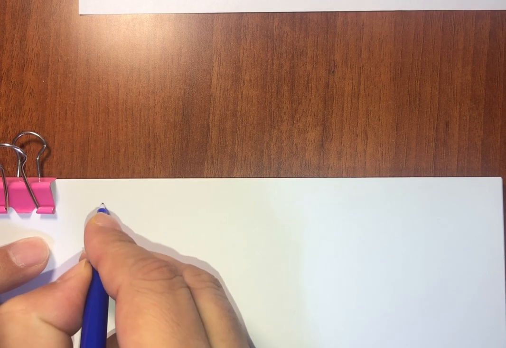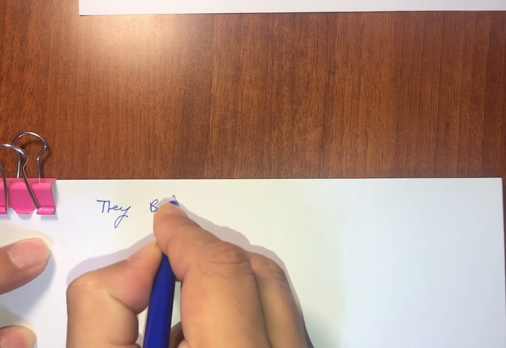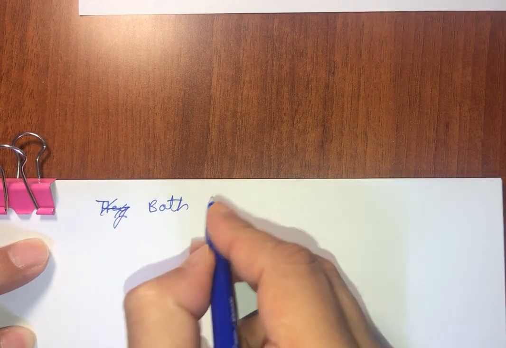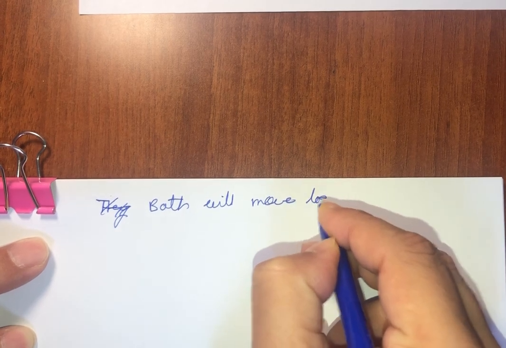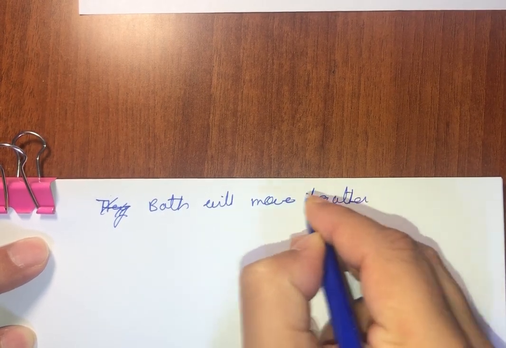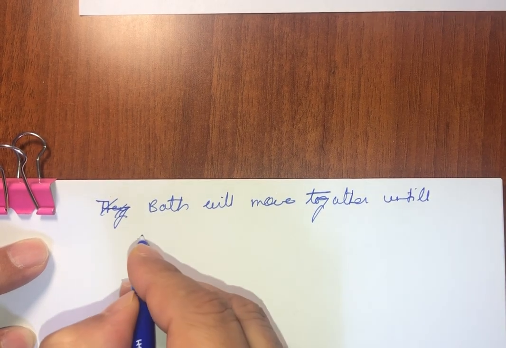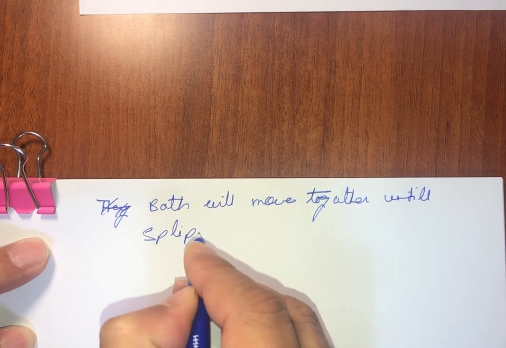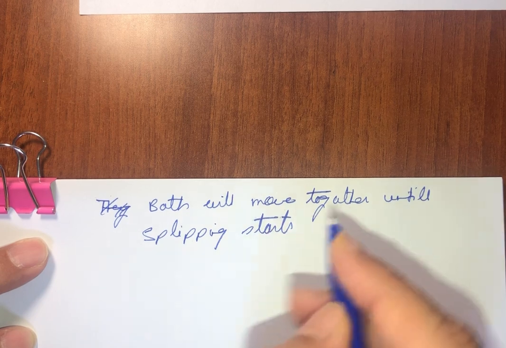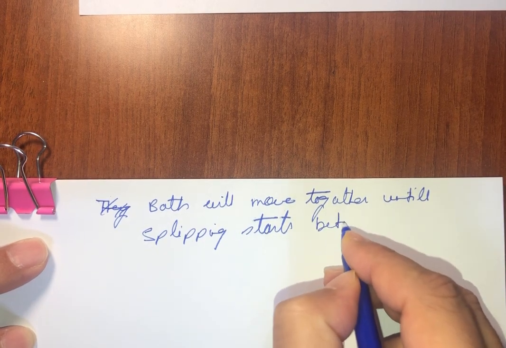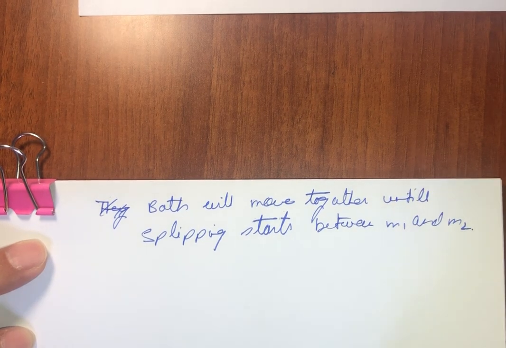We can also say they both will move together until slipping starts between M1 and M2.